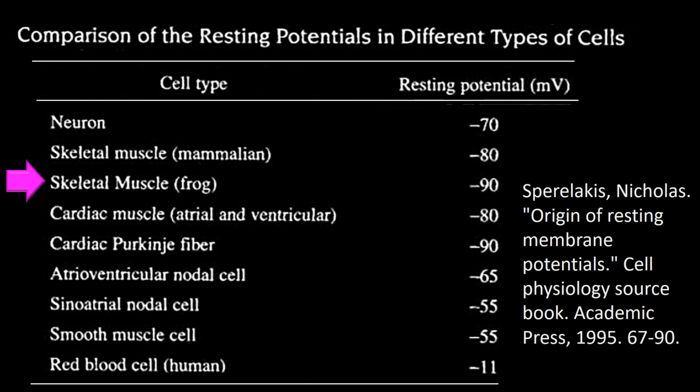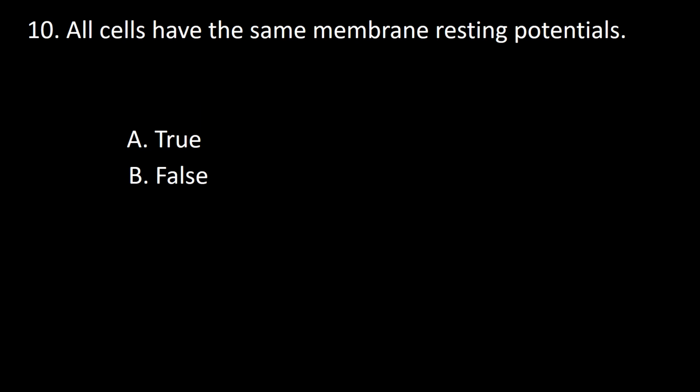Frog skeletal muscle is the most often used model to describe experiments related to the Nernst potential. So the answer to this question is false. Thank you.